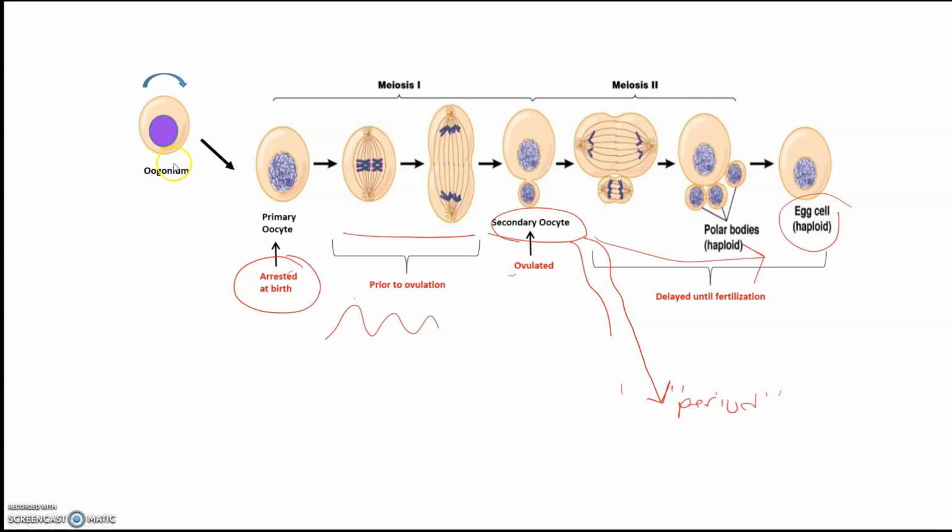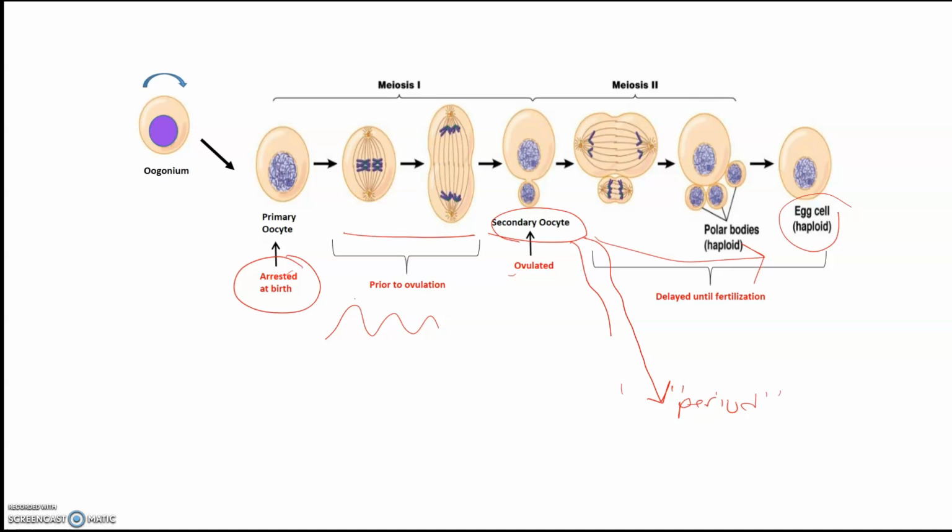These oogoniums enter meiosis and stop during prophase. So in this primary oocyte phase. And every month now, one of these oocytes starts the process up again and then is halted at ovulation. A secondary oocyte is ovulated. If fertilization happens, it finishes the race. If it doesn't, it's expelled.